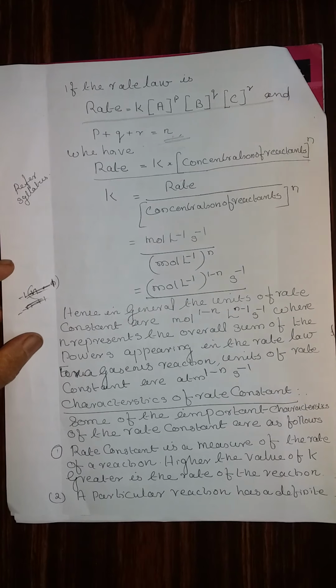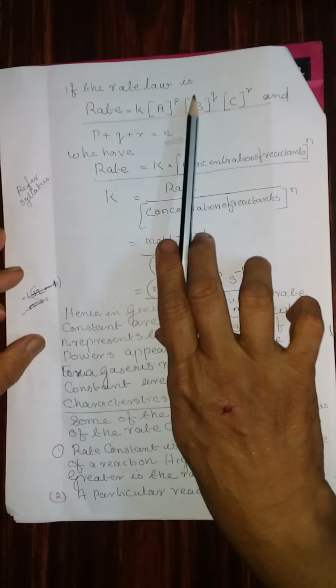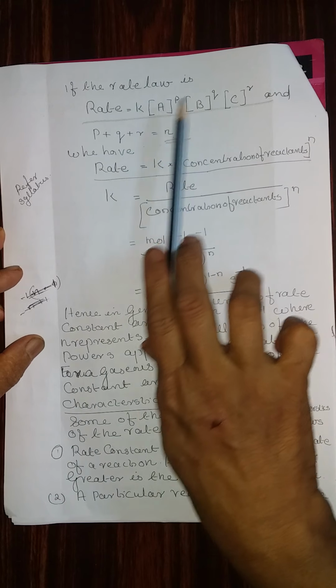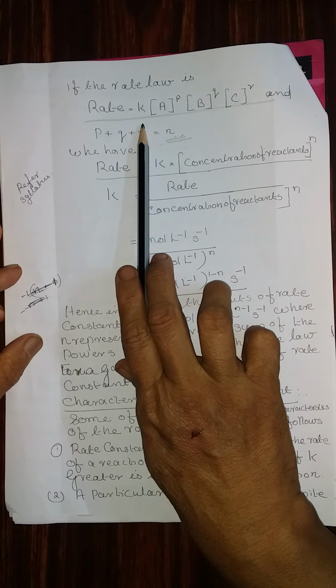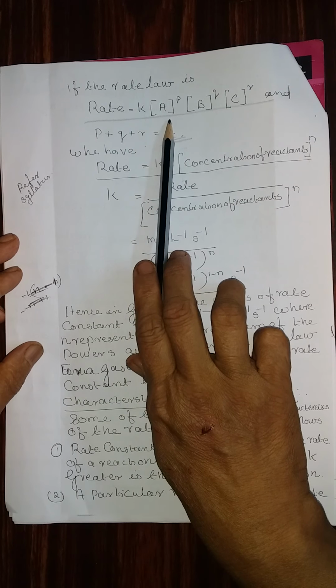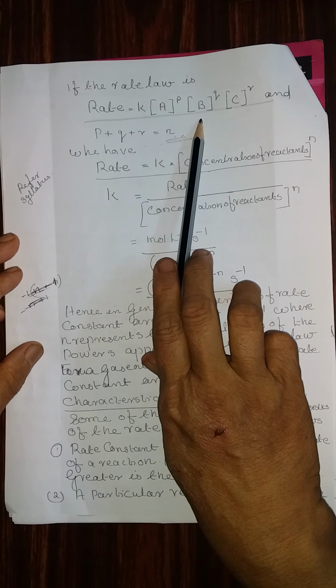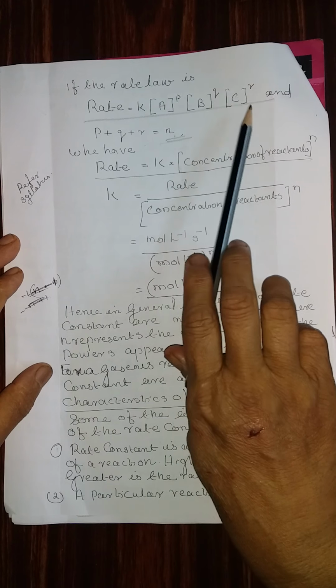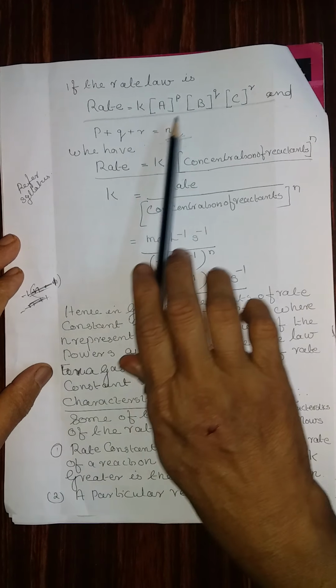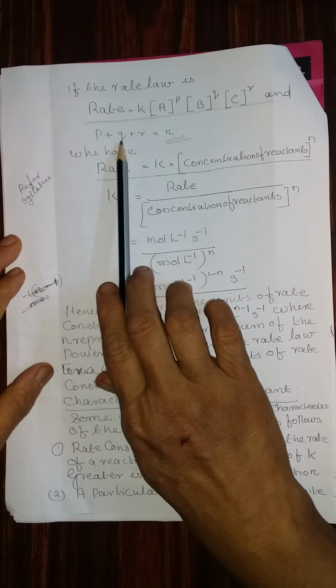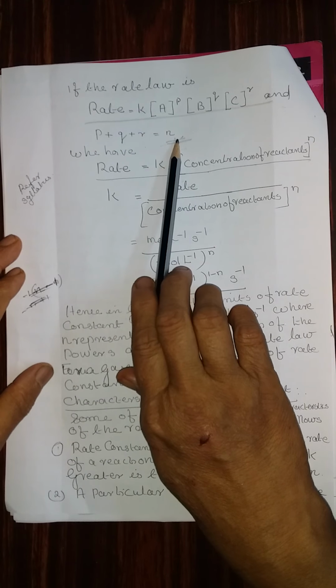If the rate law, that means based on the experimental data, can be written as rate = k [A]^p [B]^q [C]^r, and consider p + q + r equal to n.